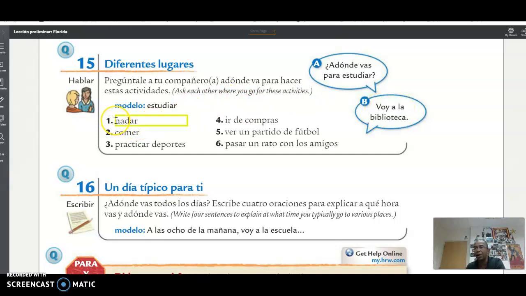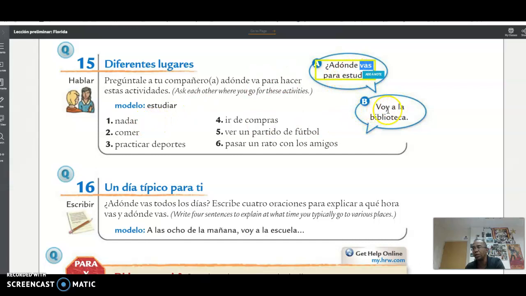So right here, you have nadar first, okay? So the first question will be, ¿a dónde vas a nadar? Notice that the verb nadar doesn't change because the first verb is the verb ir. The rule is, if you have two verbs in one sentence, the first one you conjugate, and the second one you leave the way it is, okay? ¿A dónde vas para nadar?